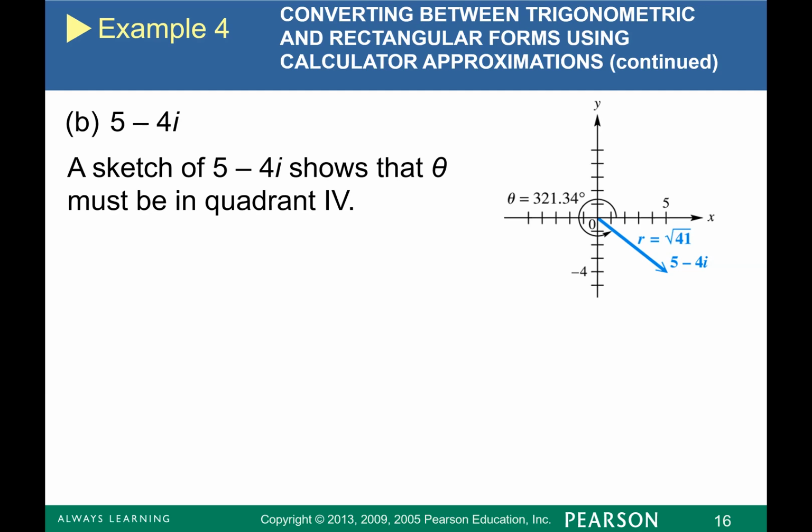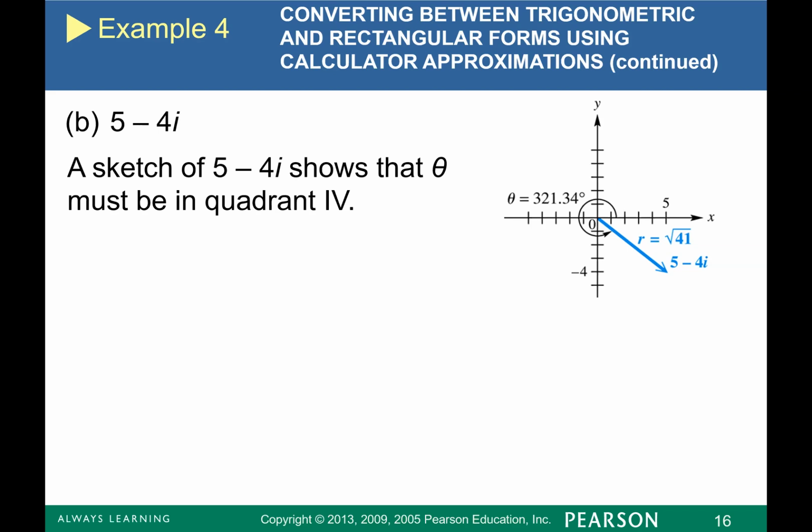Does your sketch look somewhat like theirs? Well, I got R. I was still trying to figure out how to get the angle. The angle is always going to be arctangent of y over x.